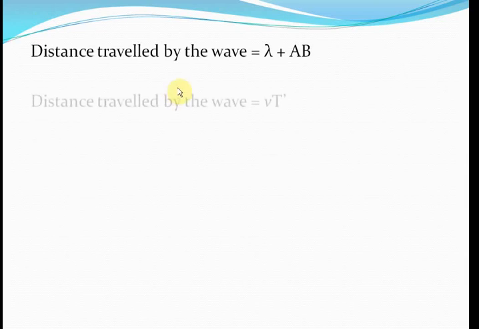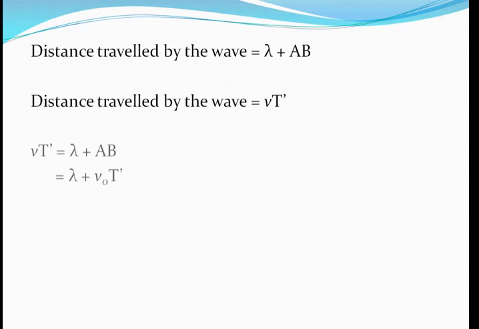However, the distance traveled by that wave is also speed into time, that is speed of the wave v into time t dash. So clearly v into t dash is lambda plus AB. But we know that the observer has a speed VO, and so the distance AB is clearly equal to VO into t dash, speed of the observer into time.